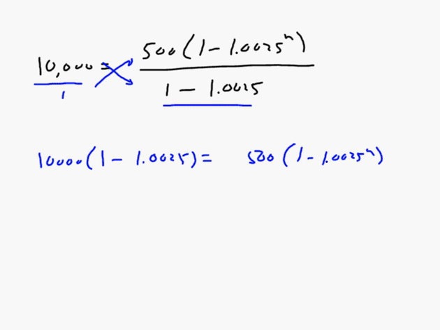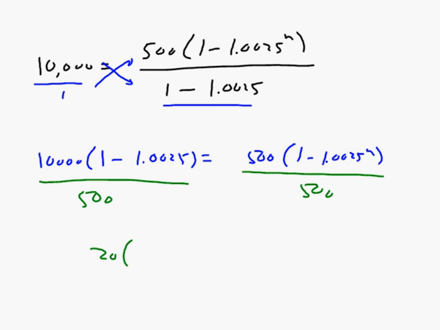What can we do now? We could divide by 500. So what do we get here? 20 times 1 minus 1.0025 equals 1 minus 1.0025 to the n.